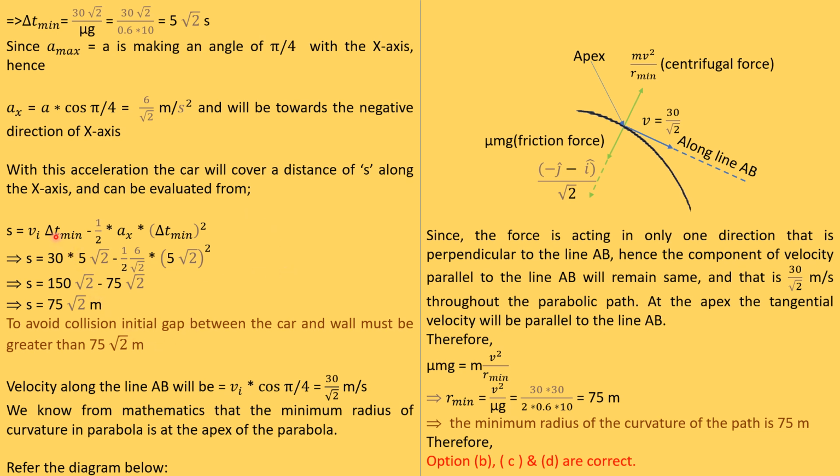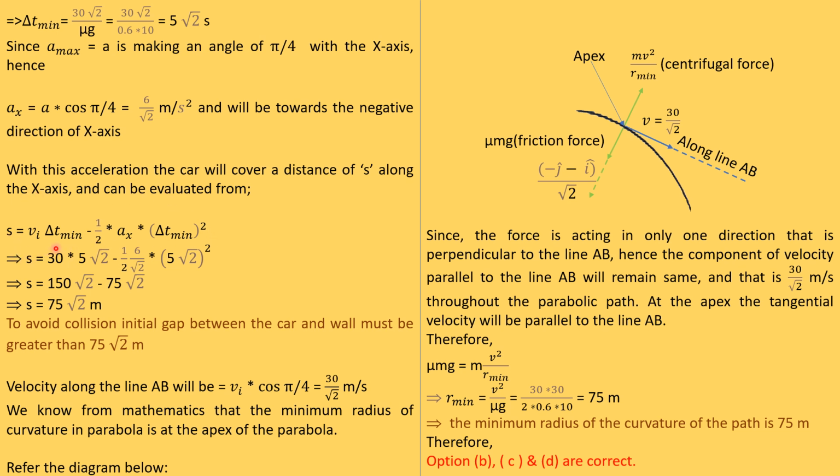To calculate the distance traveled towards the wall while coming with the velocity 30 meter per second towards the wall by the curve, we can use the simple formula like this.